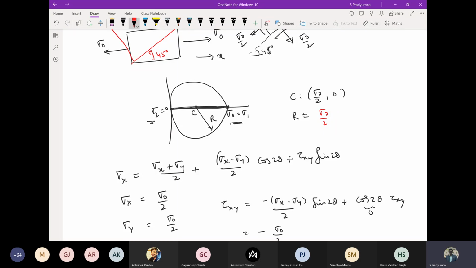Now, when I want to know for the 45 degree rotated plane, I have to rotate it by 90 degree on the Mohr circle, 2 theta, right? In which direction do I make this rotation? Clockwise.